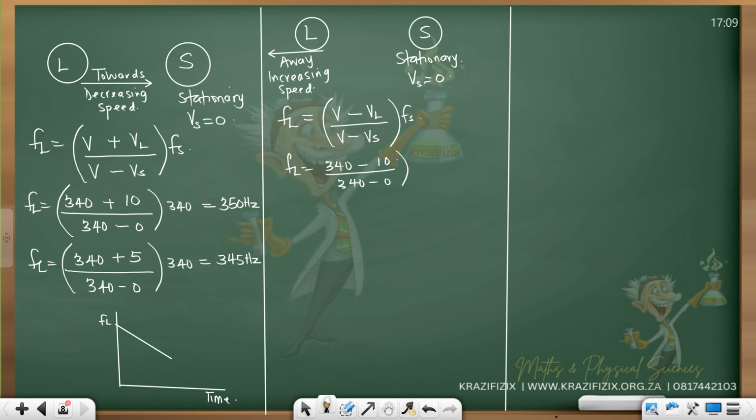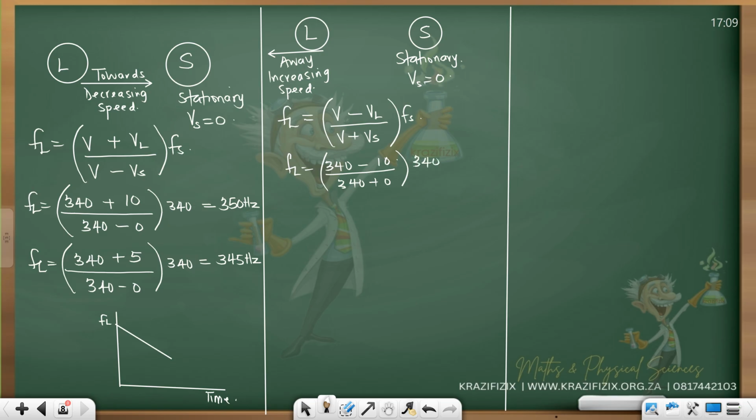Isn't it that the VS at the bottom is supposed to be a plus now? Okay, all right, plus. Thank you, lady. But it wouldn't have made a difference anyway, but let's maintain. You'll see when I start calculating, I normally remove the one that is stationary, but all good.